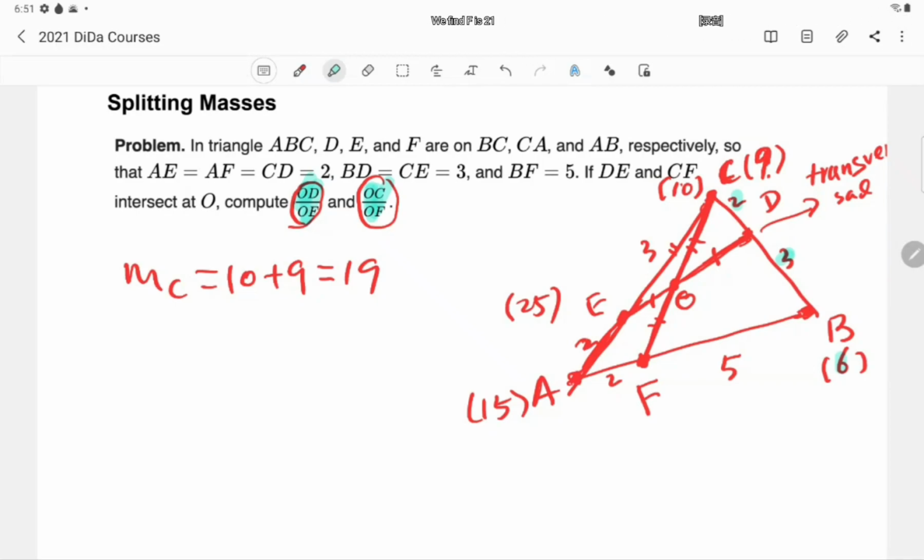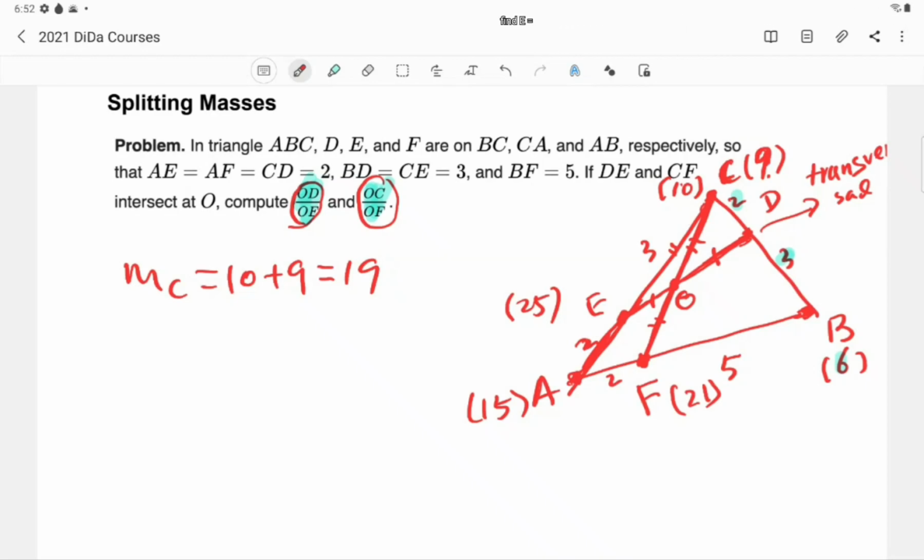So somebody used the voice. Let me see. Oh, it's okay, no problem. So the mass at F is just the mass at A plus mass at B, which is 21. At this point, can we calculate any ratio already?